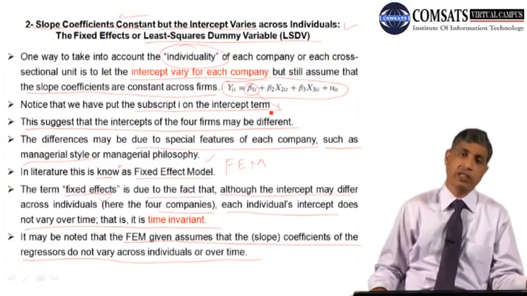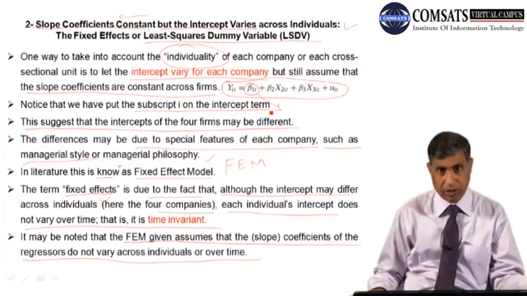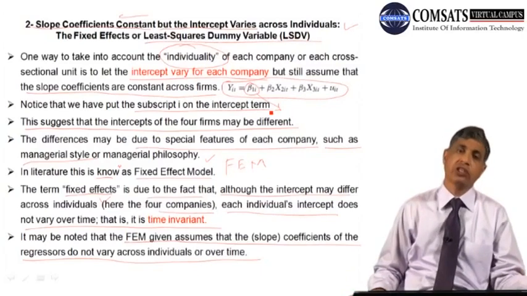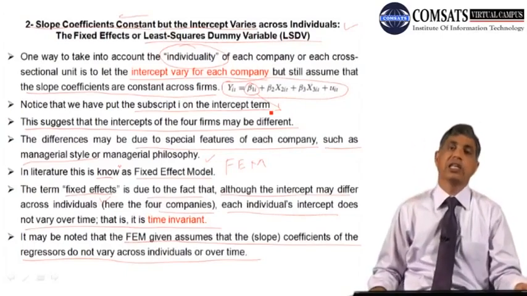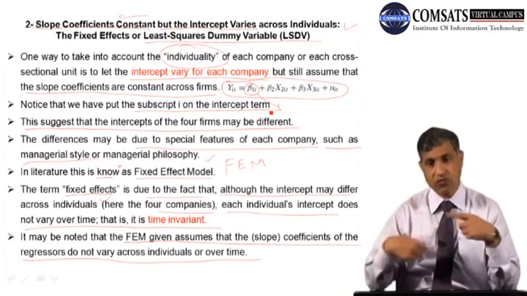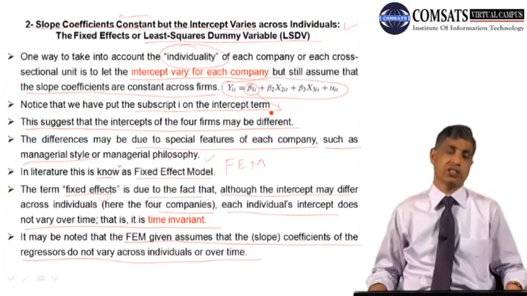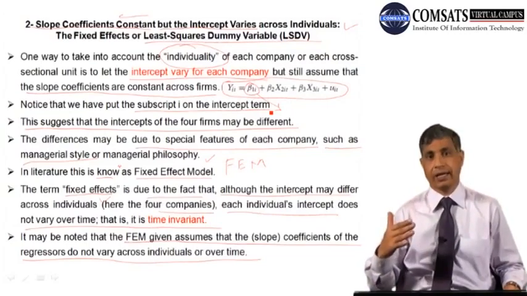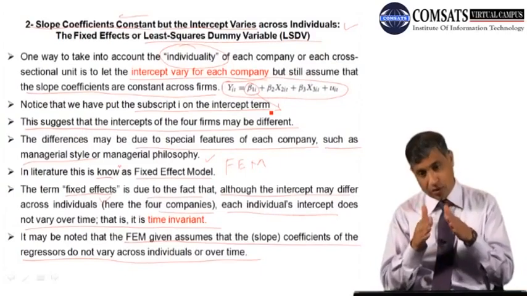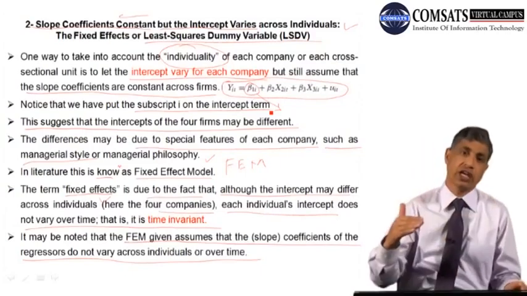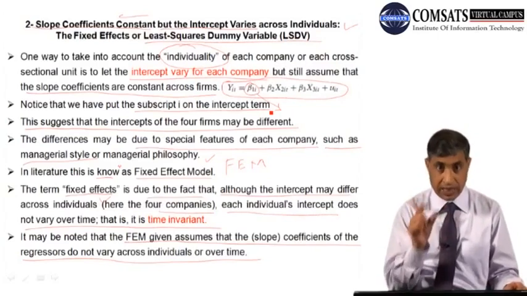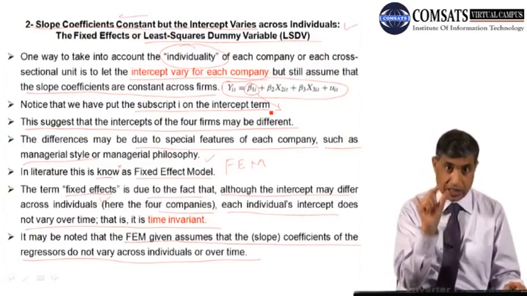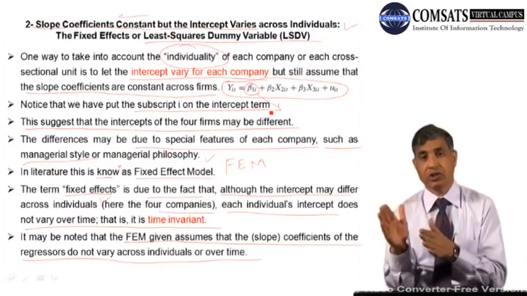For example, in one company the managerial method, or managerial model, of how to run the factory or the mill is much different from the other. The philosophy of the model differs from one to another. So we do not allow change over time, keeping the slope coefficient constant and allowing only our intercept to change across units.